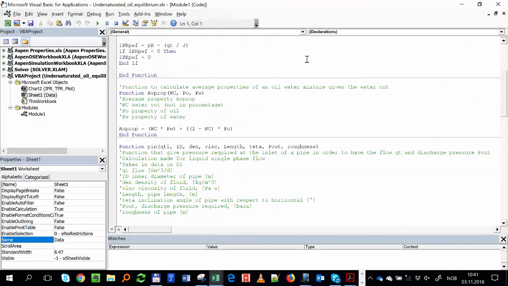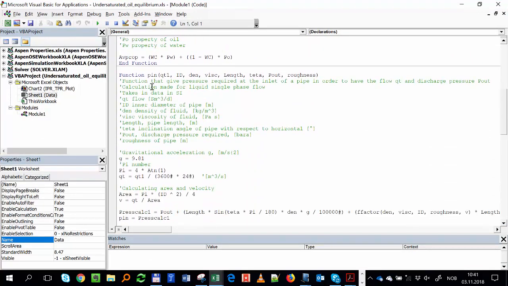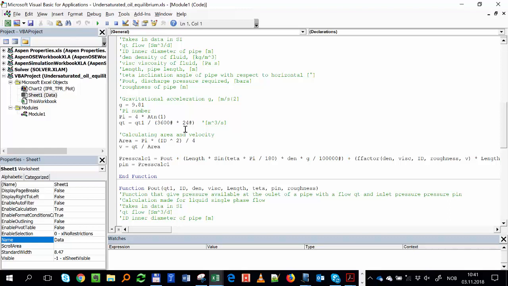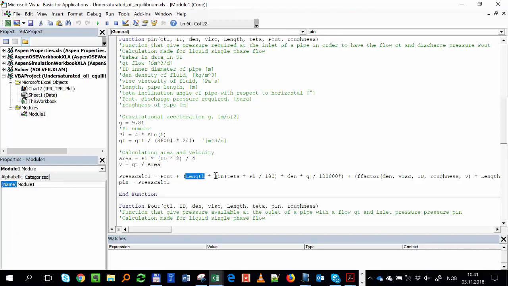If you go to Alt F11, we call it P in. That gives you the pressure at the inlet of the pipe if you provide the pressure at the outlet of the pipe, and you see it's basically the same equation. P out plus the length times the angle, so with this I'm calculating the height.